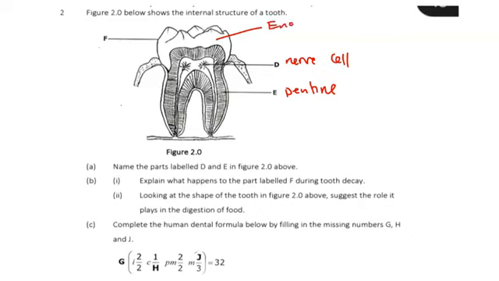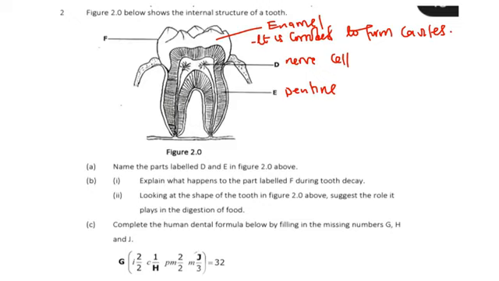So what happened to the enamel during tooth decay is that the enamel is corroded or dissolved by acid to form cavities. That is what happened to the enamel.